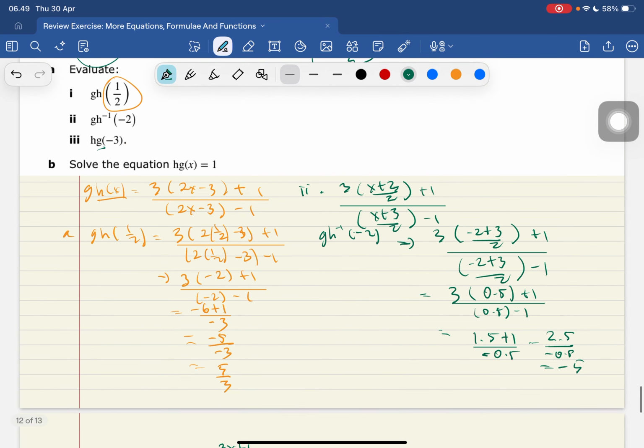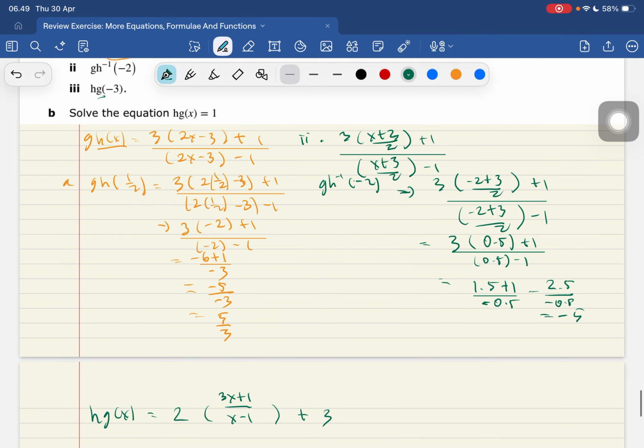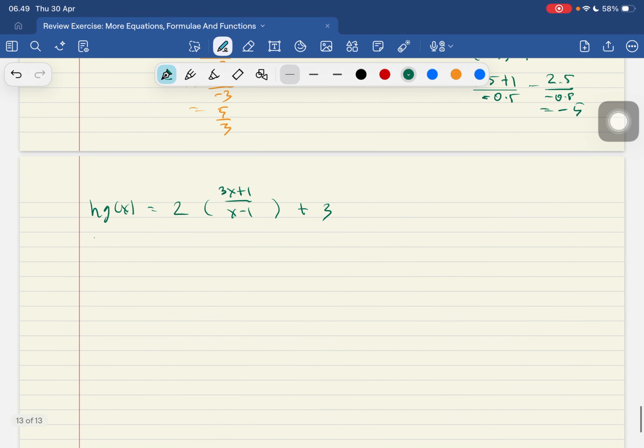What was the question? The question is negative 3. So HG of negative 3 equals 2. We can just substitute 3 multiplied by negative 3 plus 1 divided by negative 3 minus 1, plus 3.